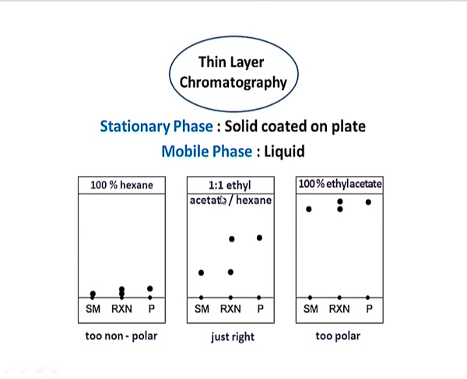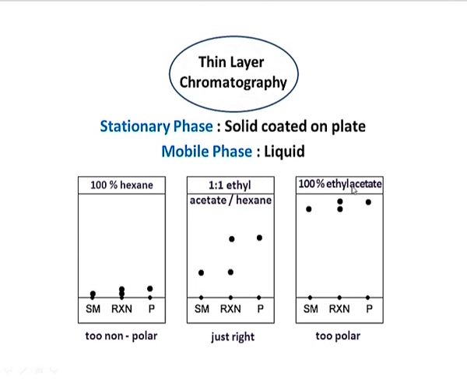Ethyl acetate is, as all of you would appreciate, much more polar than hexane. So, you have increased the polarity of your mobile phase. What has it done? If you run the solvent mixture, you notice that there is an obvious and significant separation of these two solute particles in this system.